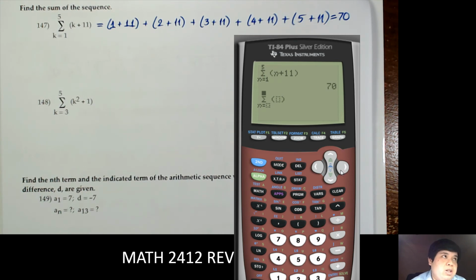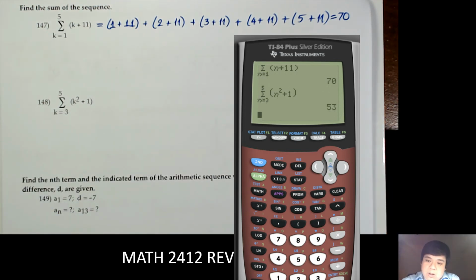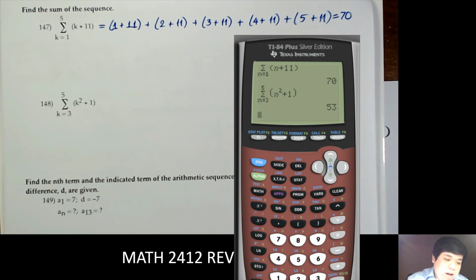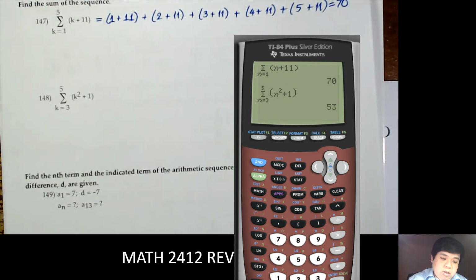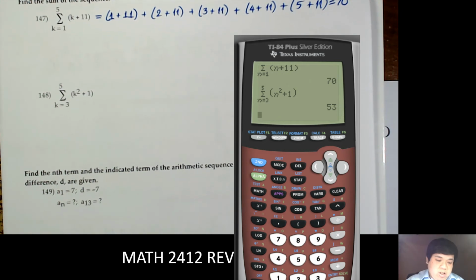Whatever the variable is, go from 3 to 5, and then we have n squared plus 1. There. Right. Next we will have the arithmetic sequence, and then later geometric sequence.